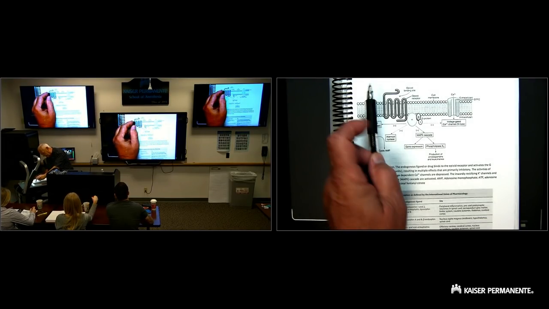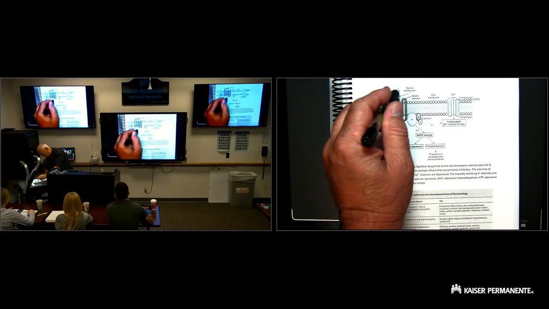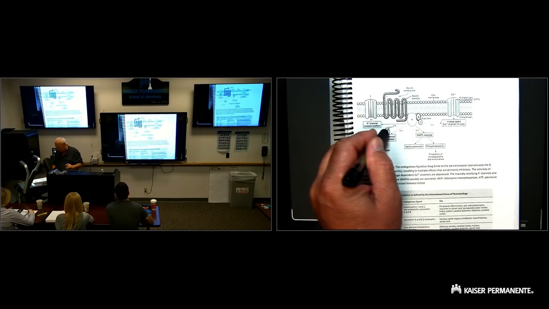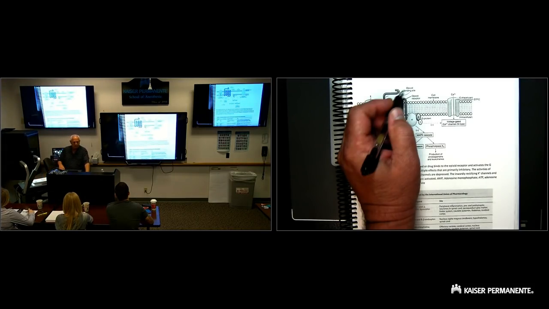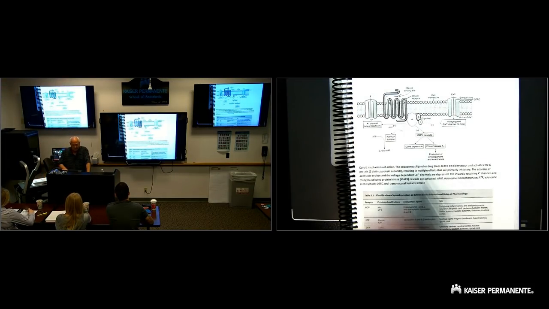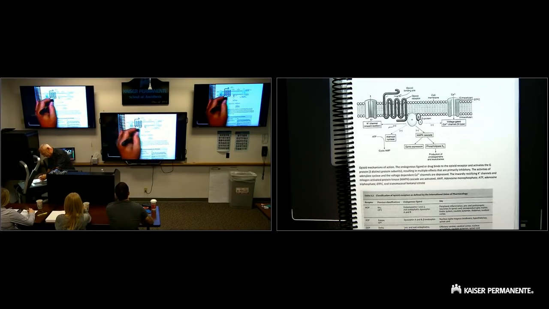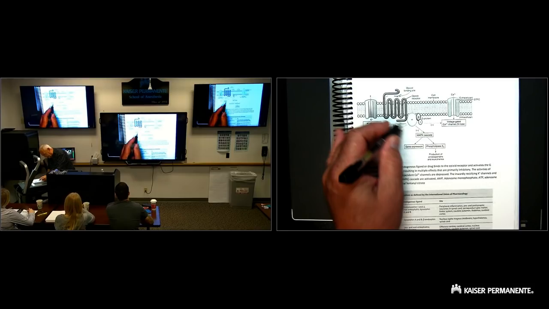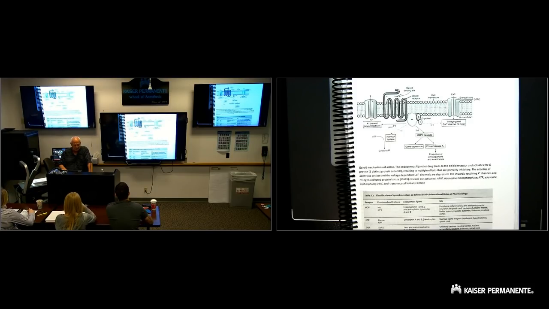You see the little part that sticks out into the periphery, then the part that sticks inside the cell, and the opiate binding site is here. So when an opiate drug, morphine, fentanyl, whatever, Vicodin, is given, it stimulates the receptor, and that in turn causes all these changes inside the cell to decrease the release of pain chemicals.